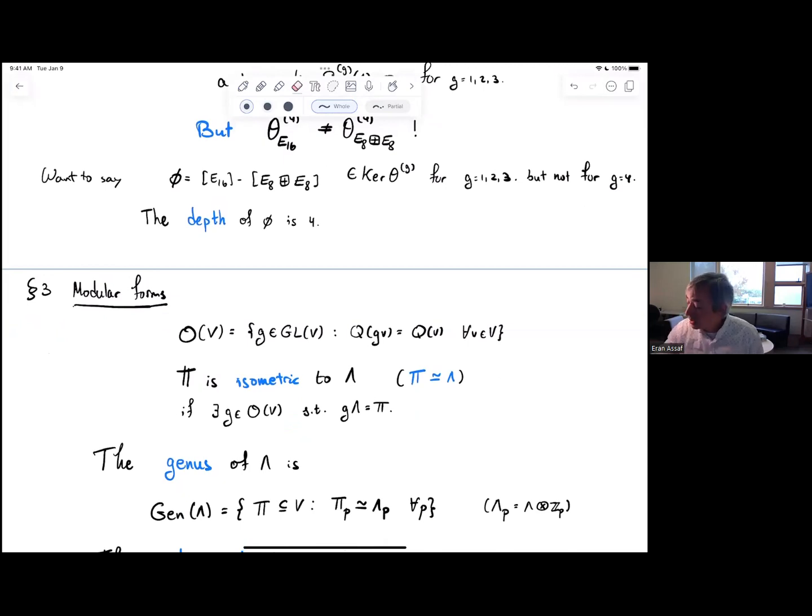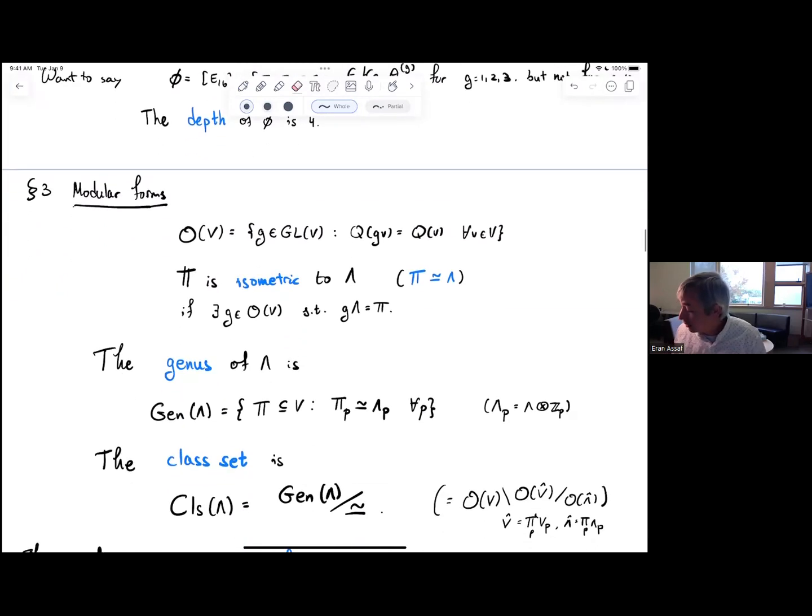So here it's written in a slightly different language. Instead of looking modulo every prime power, I'm looking at the completion. So I'm tensoring with Z_p, and I'm looking at all the lattices that locally everywhere are isometric to our original lattice. And the class set of the lattice is just the global isometry classes of our lattice. So this is really the set measuring the failure of the local-to-global principle for this lattice.